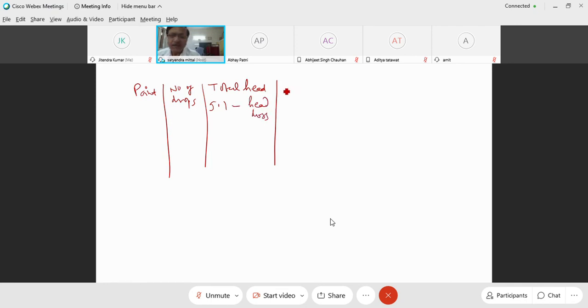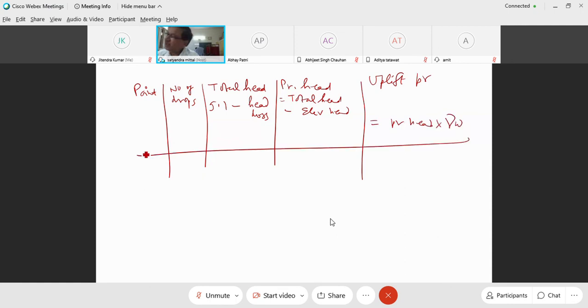Then pressure head, which is equal to total head minus the elevation head, then uplift pressure. This is equal to pressure head into gamma W.